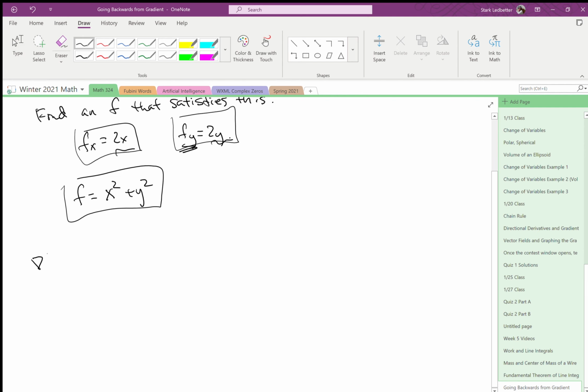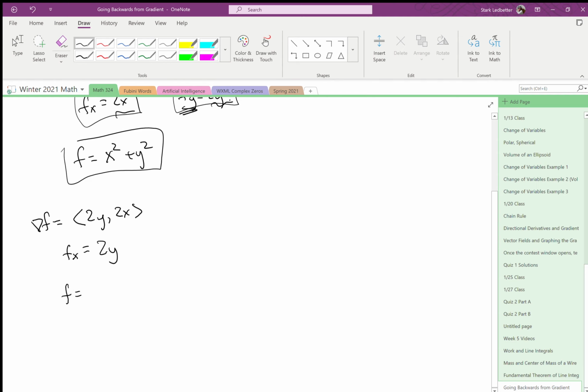Maybe let's do a different one. Maybe we'll reverse them. 2y comma 2x. So what happens now? My partial derivative of f with respect to x is 2y. So if I'm constructing my f, I'm going to want a 2xy in there, because if I take the derivative with respect to x, then 2y is a constant, so I'll leave that there.